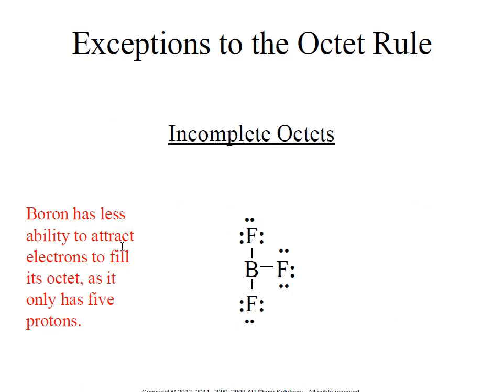A very similar example that I don't see that they're giving you in the notes is the element beryllium. Beryllium only has 4 protons, and so beryllium really can't attract more than 4 electrons to itself in a bond. So it's going to have its octet complete with just 4 electrons instead of 8.